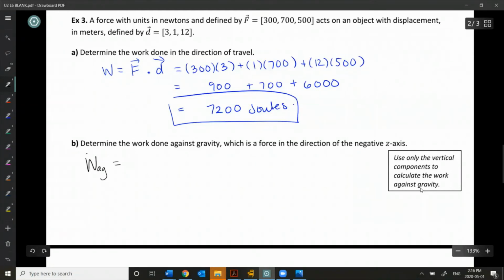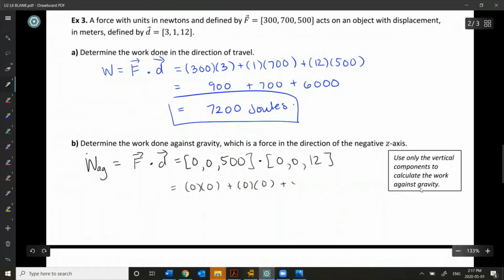We are going to take the dot product of the force vector with the displacement vector, but I'm going to set the x and y components of these vectors equal to 0. I'm just interested in that z component, which is 500, and the other z component, which is 12. So you're going to end up getting 0 times 0 plus 0 times 0, plus 500 times 12, which results in 6,000 joules of work done against gravity.